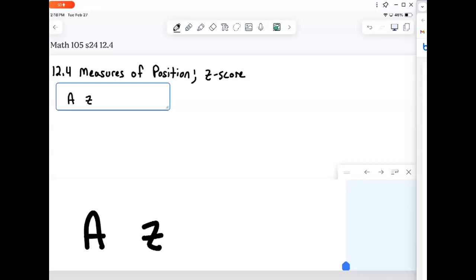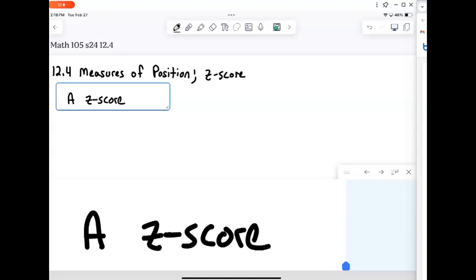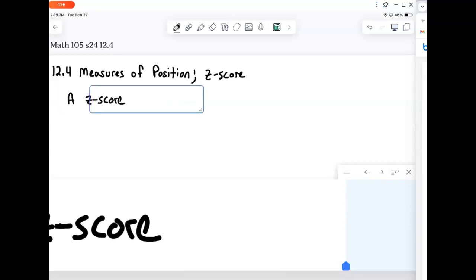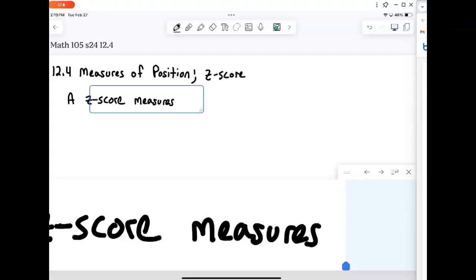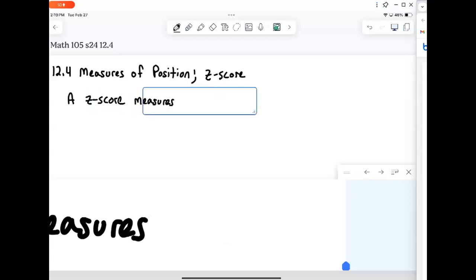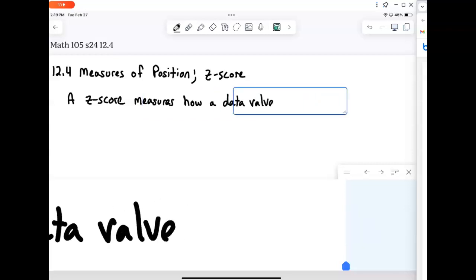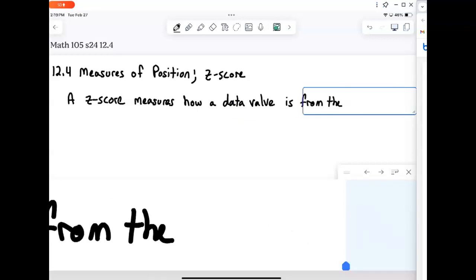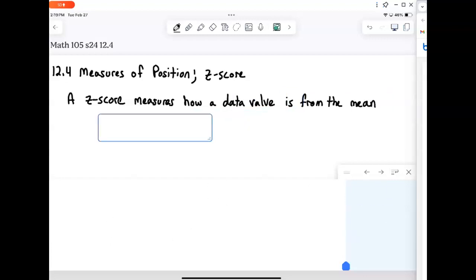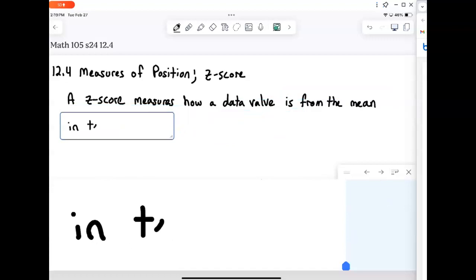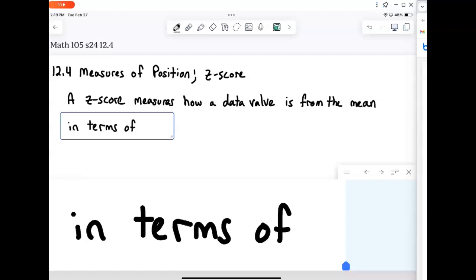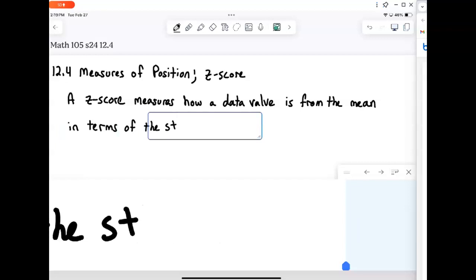A z-score measures how far a data value is from the mean in terms of the standard deviation.